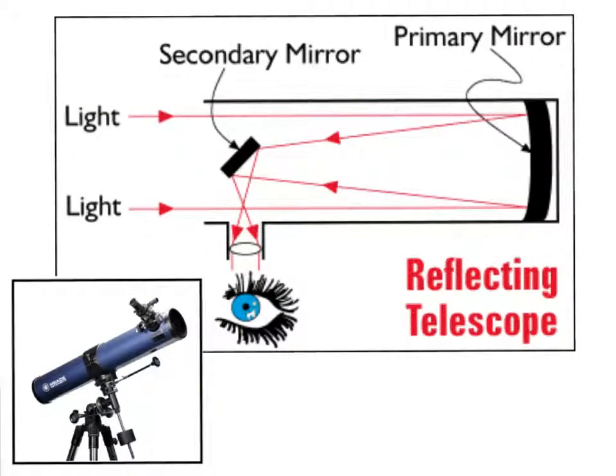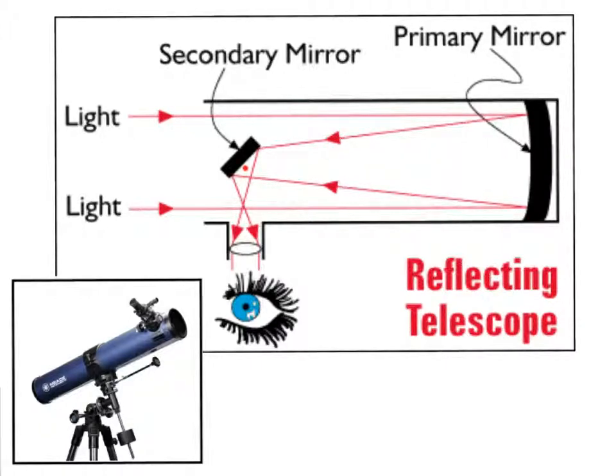A reflecting telescope uses mirrors instead of lenses to capture the light, and so it can be much larger than a refracting telescope. The way a reflecting telescope works is that light from a distant object will enter one end of the telescope, and in this case will strike this concave mirror at the opposite end, and the light reflects off of that concave mirror and converges.